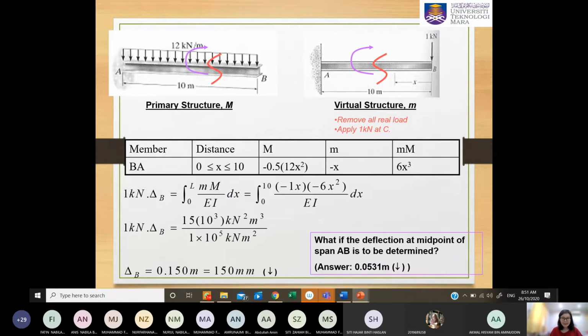So next, we want to use this equation. You know that you are applying this virtual work method. You need to apply this equation. How to use this equation? So we need to have this range written correctly. So put in the integration because this equation involves integration 0 to 10.